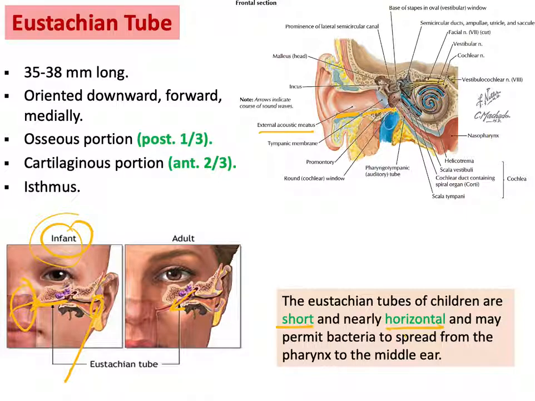Now, this bony part continues with the pharyngotympanic tube, in which the posterior one-third is bony, a continuation of the external acoustic meatus, which is the easier way to remember it, while the anterior two-thirds, as you see here, is cartilaginous. The border between the bony part and the cartilaginous part is known as the isthmus, which is the narrowest part.